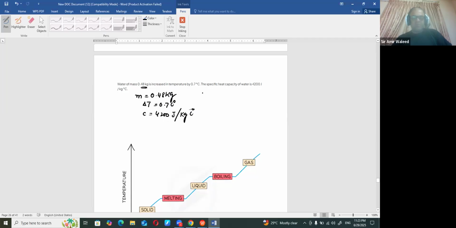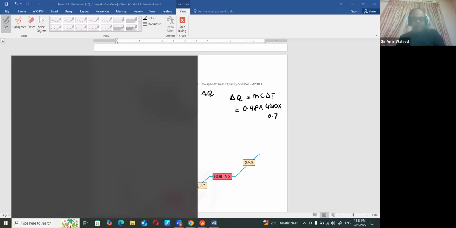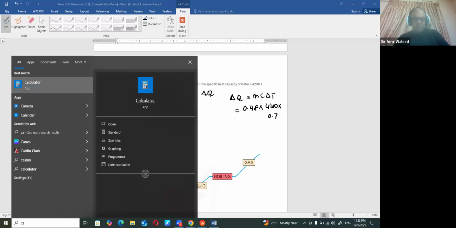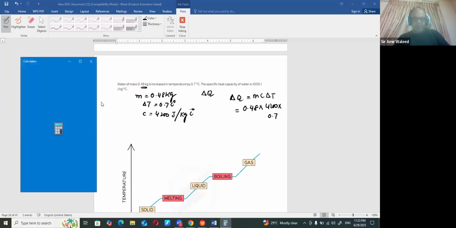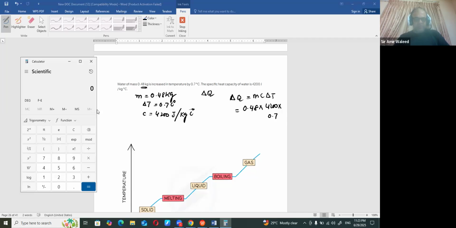What they are asking is, for water of this mass, how much energy is required? Definitely delta Q. So what is the formula? Delta Q is equal to mc delta T. Mass is 0.48. Change in temperature, they already gave it, 0.7. To calculate that, you simply put the values in: 0.48 multiplied by 4200 multiplied by 0.7.